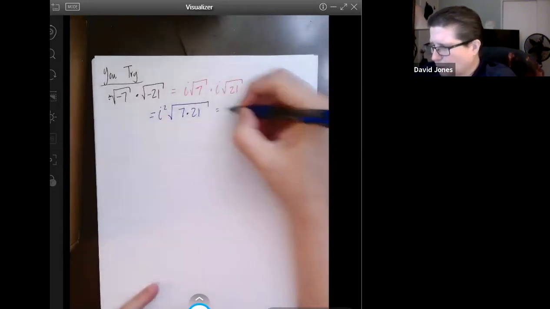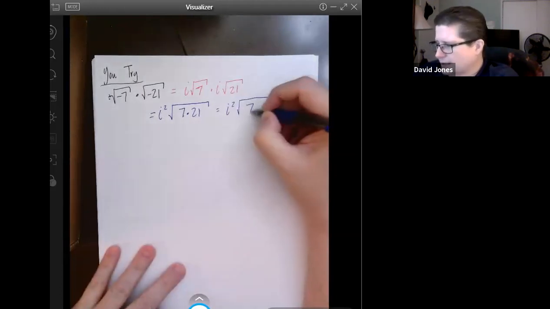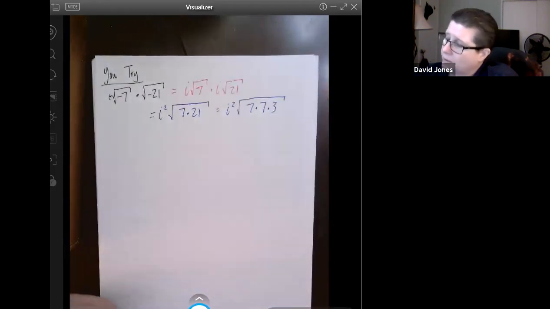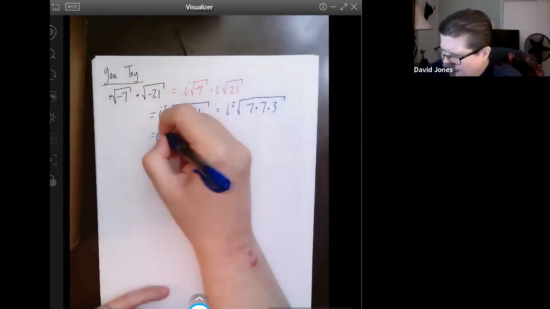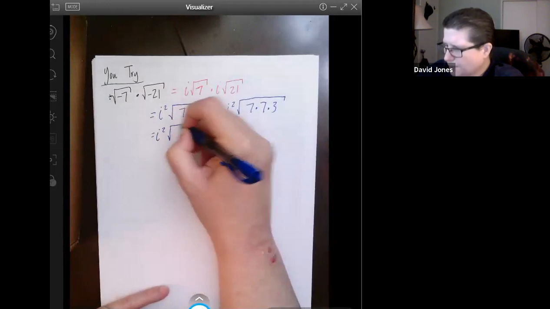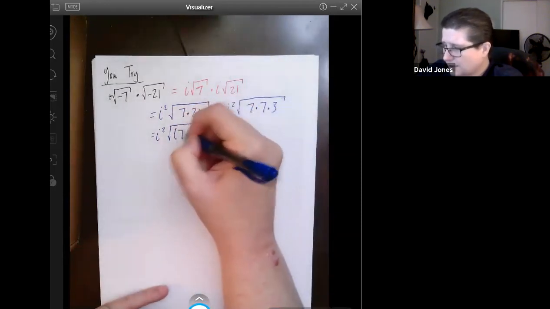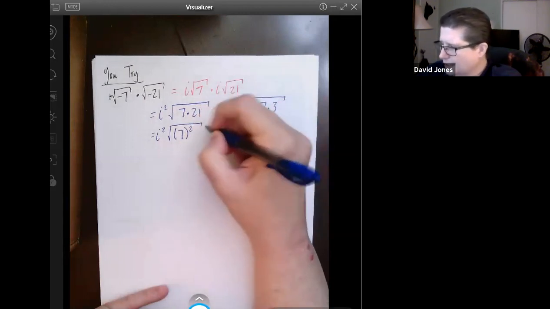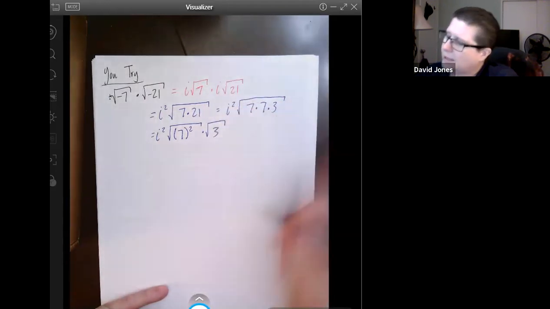Let's factor it a little more. 21 is 7 times 3. So I've got i squared times the square root of 7 times 7, which is 7 squared, and I'll multiply that by the remaining square root of 3.